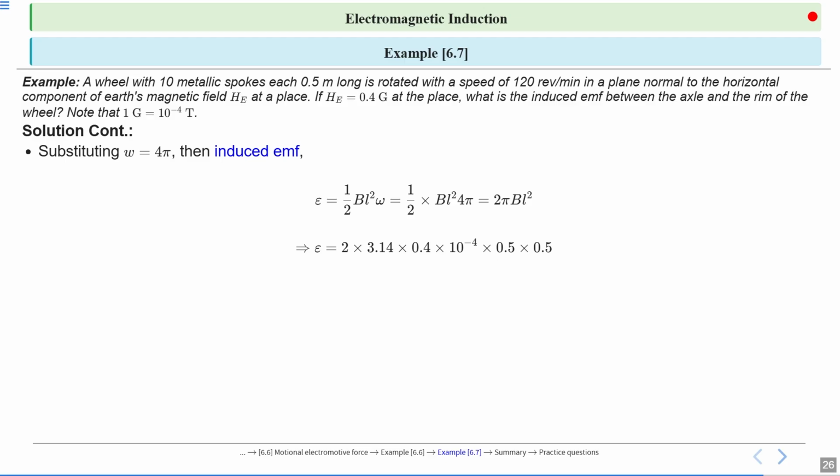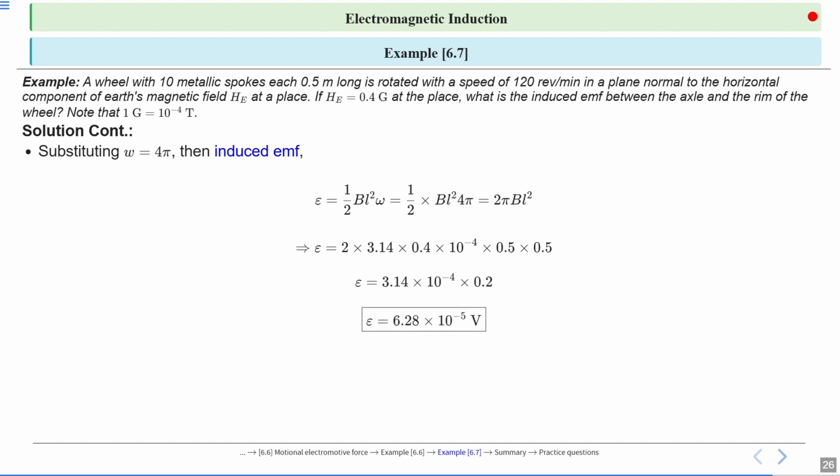Okay, now substituting the value of B and L also. So B is here 0.4 into 10 to the power minus 4 and L is 0.5 meter. So epsilon will be equal to 2 into 3.14 into 0.4 into 10 to the power minus 4 into 0.5 into 0.5. So epsilon will be equal to 3.14 into 10 to the power minus 4 into 0.2.